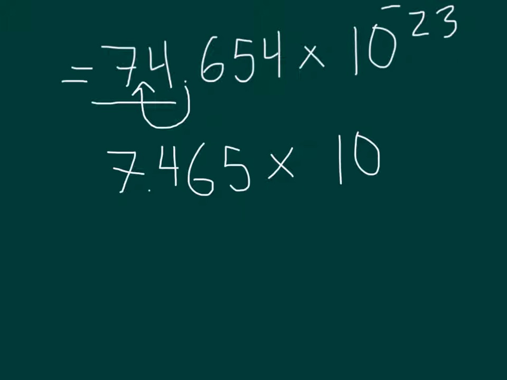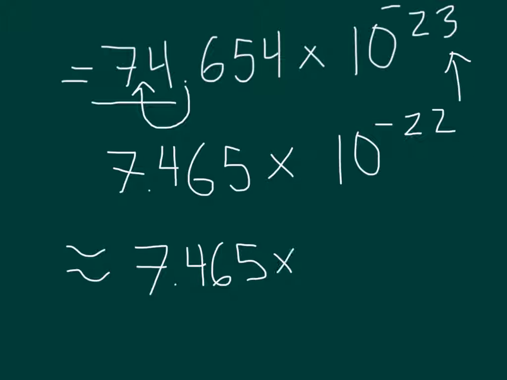However, it will no longer be to the negative 23rd since you moved it over once to the left, which is a positive change. So you add those and you get negative 22. And your answer is approximately 7.465 times 10 to the negative 22nd grams of H.